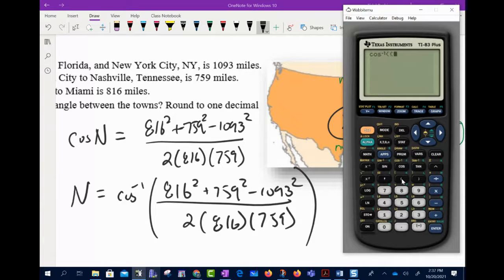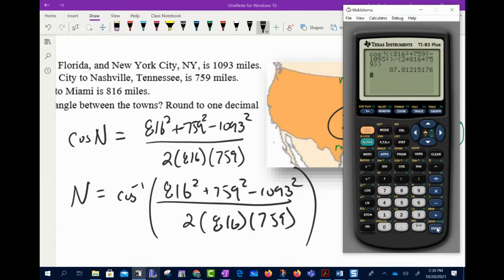I got a bunch of stuff here, y'all, so I'm going to start doing some parentheses. 816 squared plus 759 squared, minus 1093 squared, divided by, and then I'm going to put parentheses 2 times 816 times 759. And I'm going to hit enter.